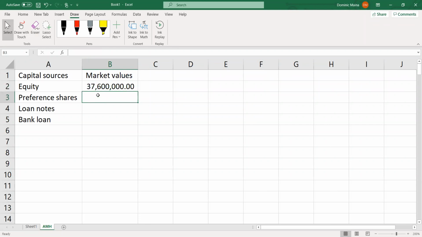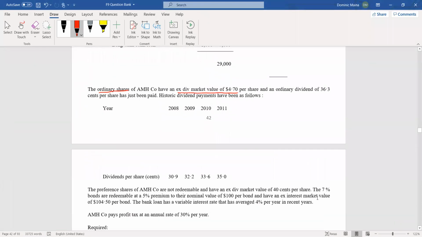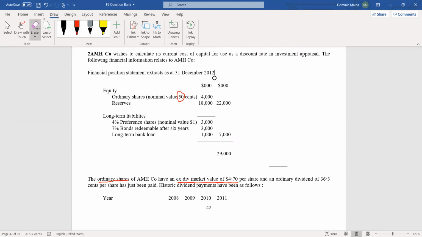Having done that, next we get the market value of preference share. Of course, the same process. We get to know how many preference shares have been issued. Going back to the question, the preference shares are non-redeemable and have a market value of 40 cents. Going back to our financial statement, one preference share is $1, and the total nominal value is 3 million.